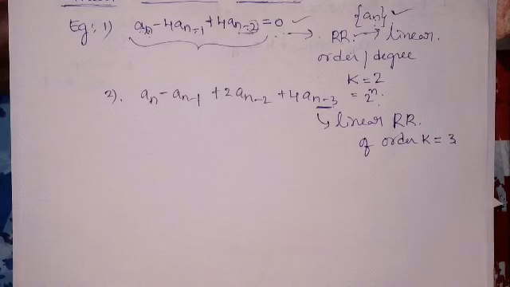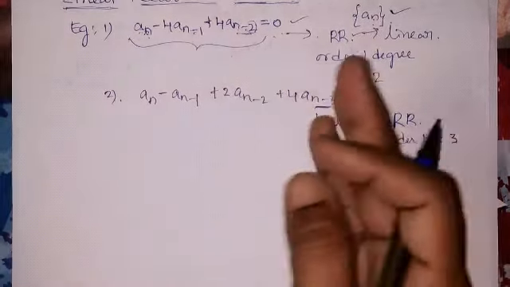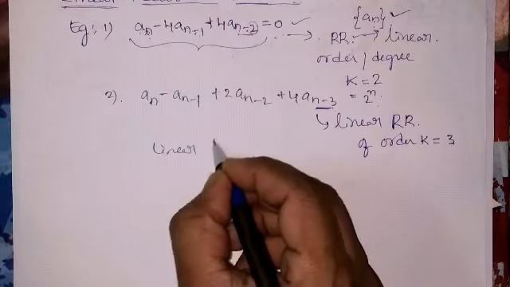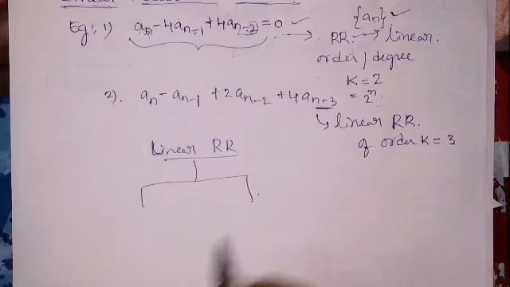Now let us discuss the methods of solving linear recurrence relations. In major we have 2 kinds of linear recurrence relation, homogeneous and non-homogeneous. So remember, the linear recurrence relations are classified into 2 types.